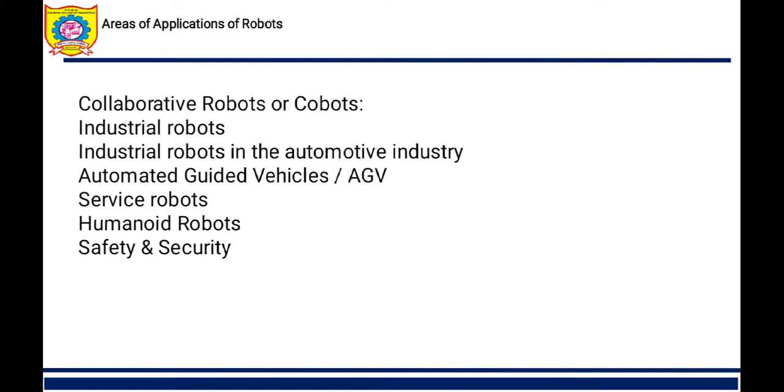Then talking about humanoid robots, they look like human beings, right? We have just seen pictures of humanoid robots. Their movements are inspired by the human locomotor system. Josie Pepper is one more example of a humanoid robot. It is a robot to assist the passengers at Munich airport in Germany. It needs voice recognition and gesture recognition.